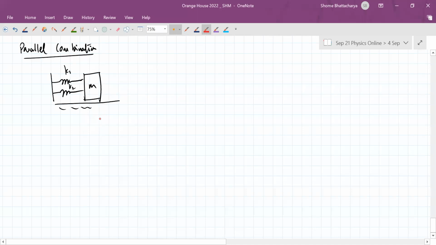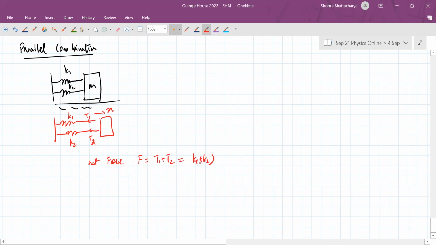If we move the block by a distance x, both the springs are having the same amount of extension. So the net force acting on the block is like this. So that becomes equivalent spring constant into x.